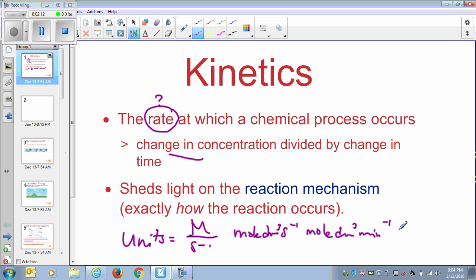Both of these could be the rate of reaction, or we can calculate it as the change in concentration divided by the change in time. That means delta C, the change in concentration, divided by the change in time.